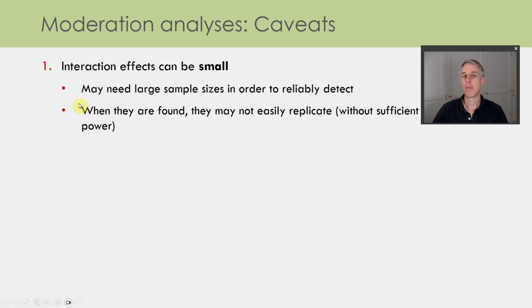If an effect is likely to be relatively small, we may need a relatively large sample in order to gain sufficient power to reliably detect it. Something that goes alongside that is the fact that whenever we do find an interaction effect that itself is relatively small, it may not readily replicate if we don't have sufficient power to find that effect time after time.